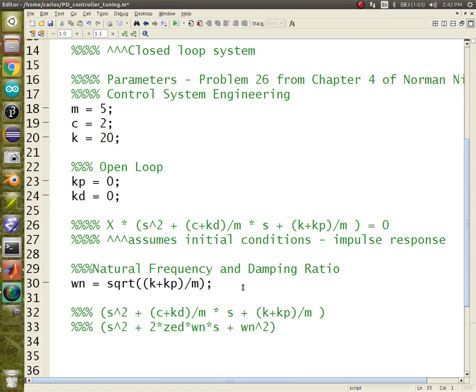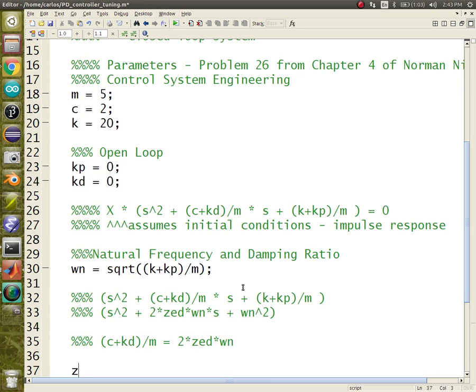We already have omega n, so really c plus kd over m equals 2 times z times omega n. So to solve for z, it's c plus kd over m, that whole thing divided by 2 times omega n.